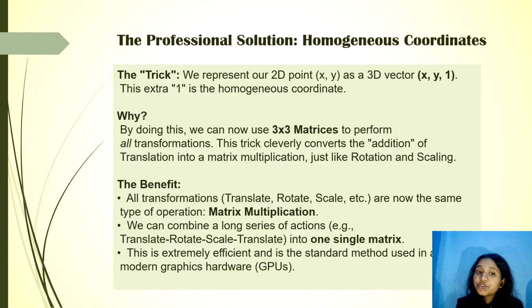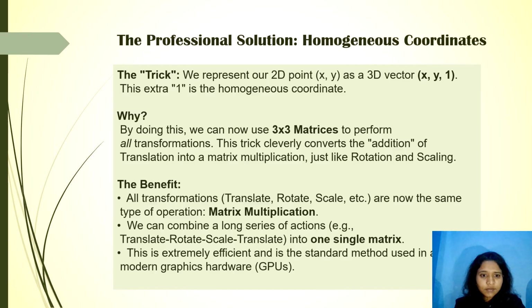So we have a professional solution for this, that is homogeneous coordinates. The trick: we represent our 2D points x and y as a 3D vector x, y and 1. This extra 1 is the homogeneous coordinate. And why are we using it? By doing this, we can now use 3 by 3 matrices to perform all transformations. This trick cleverly converts the addition of translation into a matrix multiplication, just like rotation and scaling.